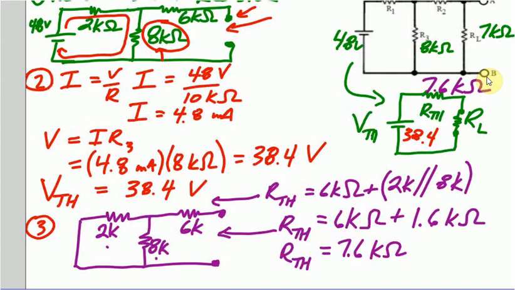Now, what we can do is insert that load into here and find the load voltage. What's the drop across that load? Well, remember from the original up here, here it is right here. The load resistor was 7K ohm. So now I'm going to put that 7K ohm right in that spot right there. So let me just create a little more space here.